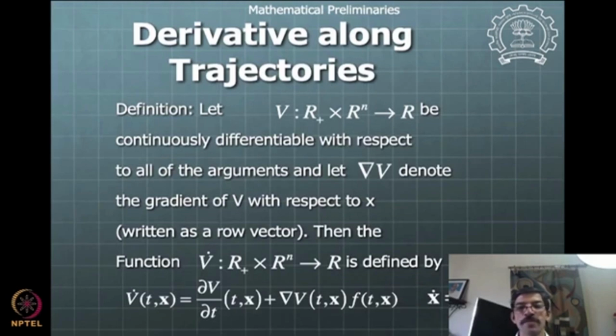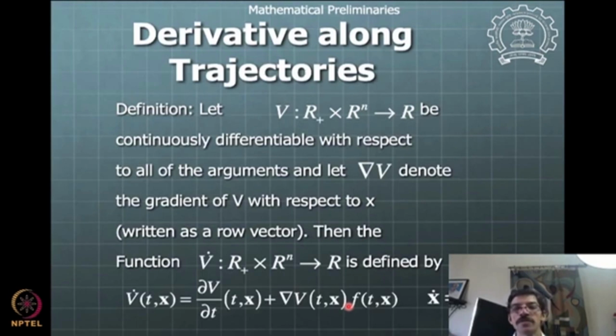This is a very important part, that we are taking the derivative along the trajectories of a system. If you generally see this V function, it can have derivatives in many different directions. This is a directional derivative.